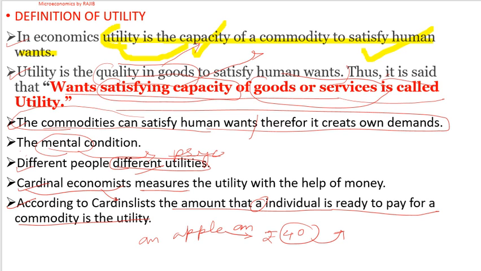Another person may have the same appetite for the apple, but he is willing to pay only 30 rupees. This 30 rupees is the utility for another person. So utilities are different for different people, and it is a psychological condition, so we have to keep remembering this.